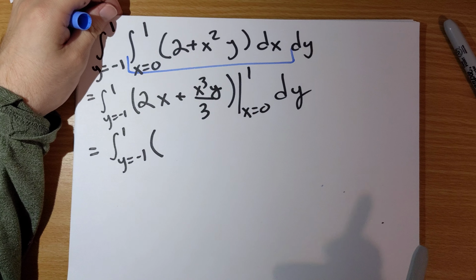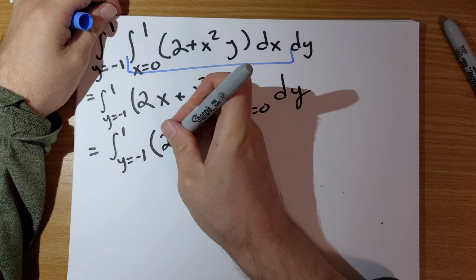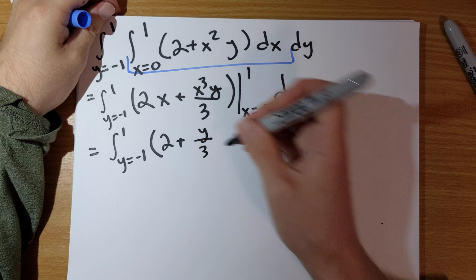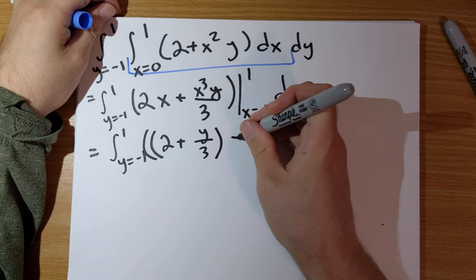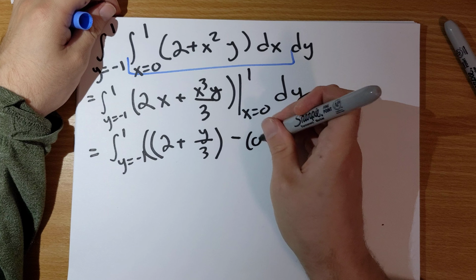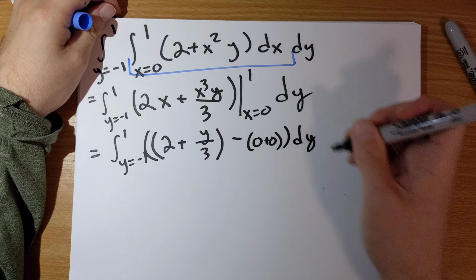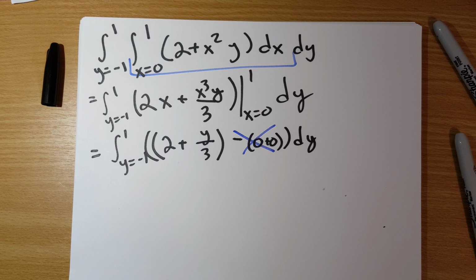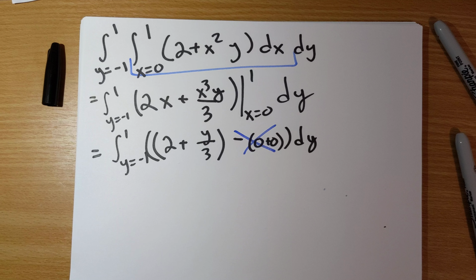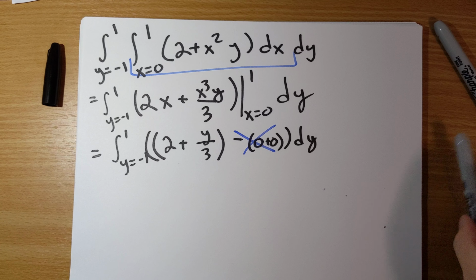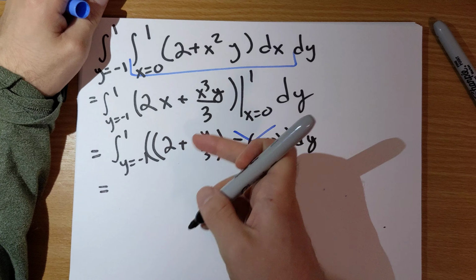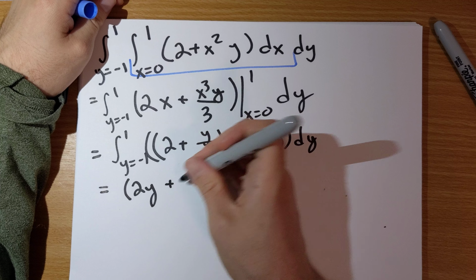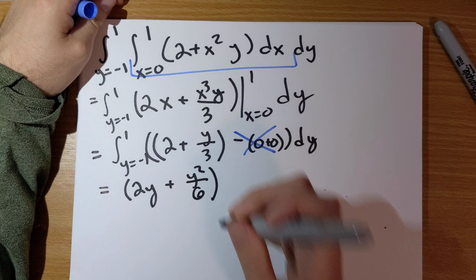Plugging in x is 1, we get 2 times 1 is 2, plus 1 cubed y over 3, which is y over 3. When we plug in x is equal to 0, we get zeros, so those terms go away. Now we need to integrate 2 plus y over 3 with respect to y. So 2 becomes 2y, and y over 3 becomes y squared over 6.